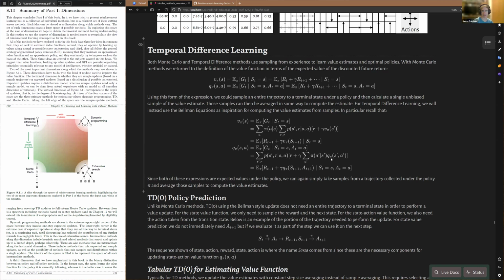And there are two ways of using this. One way is to just sample an action from the policy and use that value. The other way is to use the policy distribution itself to compute this expected value, since we have all the Q values. And using that is what's known as expected SARSA.